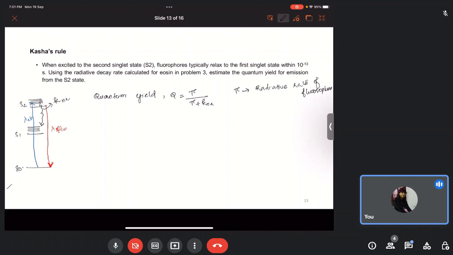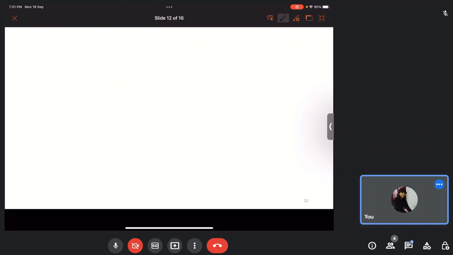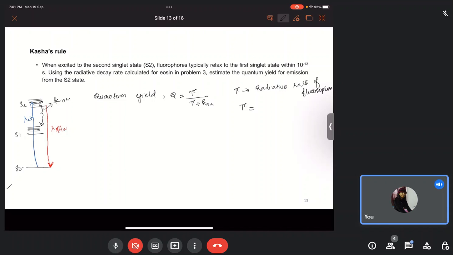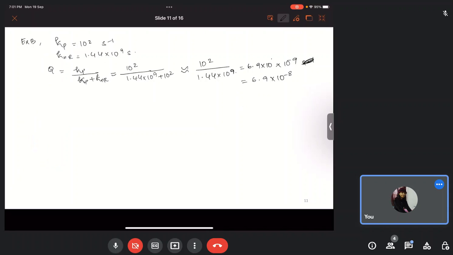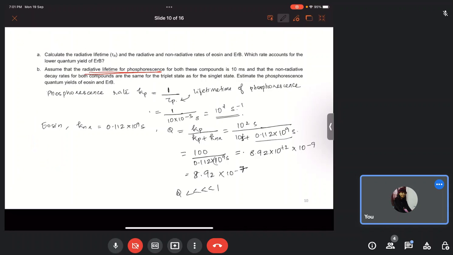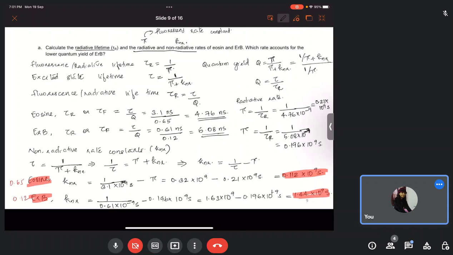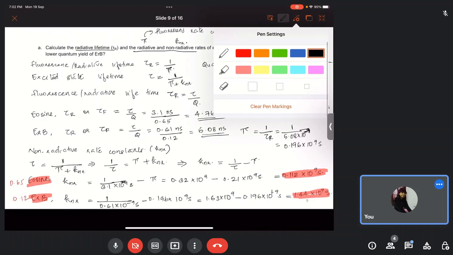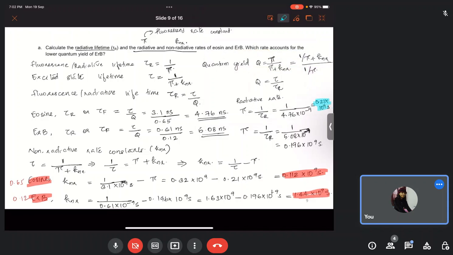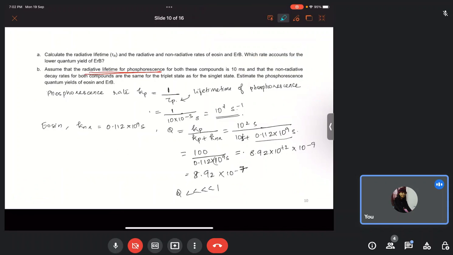So the radiative rate is going to be the same as the radiative decay rate found for eosin in the previous problem, which was 0.21 into 10 to the power 9.